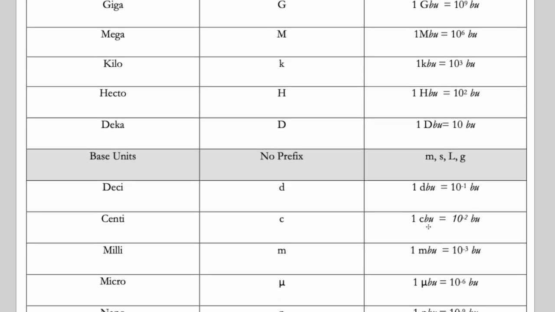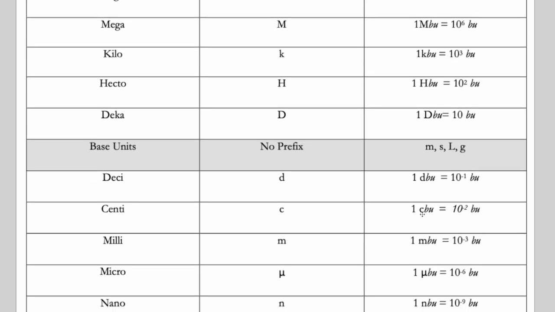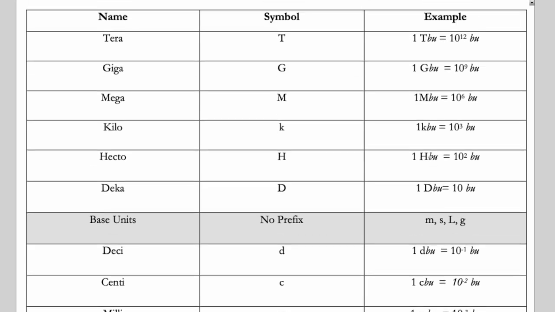We also talk about centimeters. Centi is the prefix, and the base unit in this case is meter. If you notice, all of these prefixes up above here, tera, giga, mega, kilo, hecto, and deca, all of those prefixes make the unit larger.